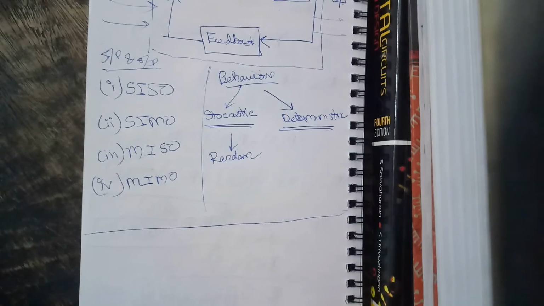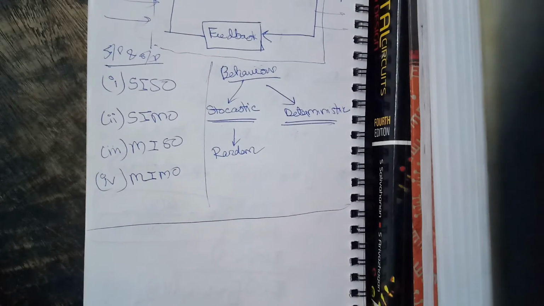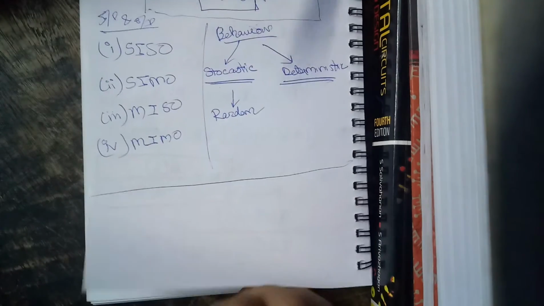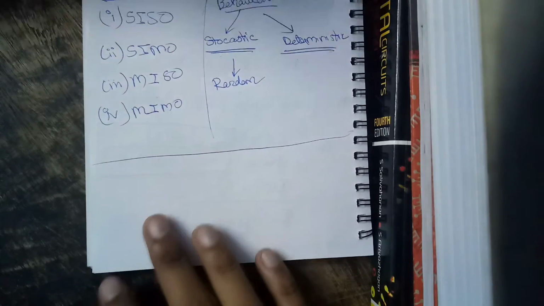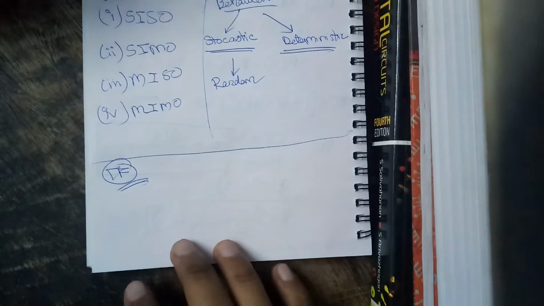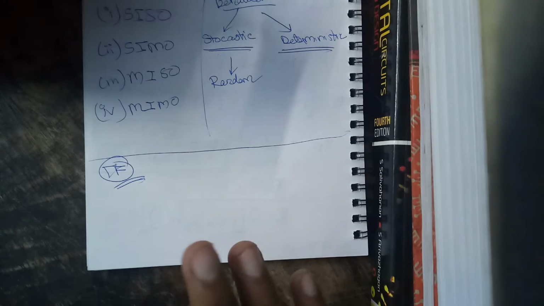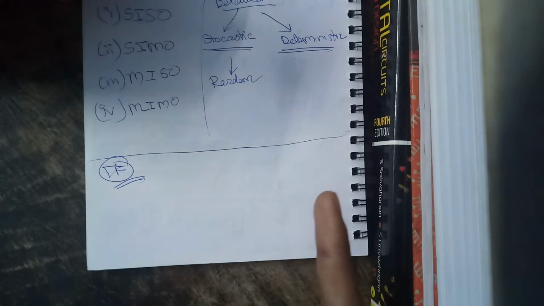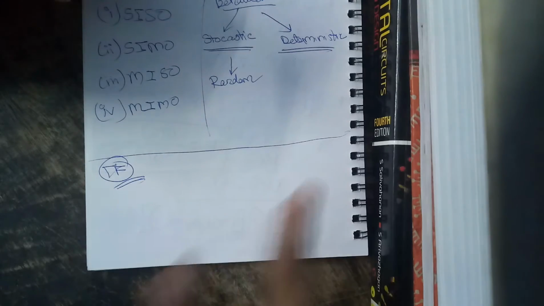First of all we need to know what a pole and what a zero is. We basically know what a transfer function is, right? A transfer function is the ratio of the output of the system to the input of the system in Laplace or S domain.